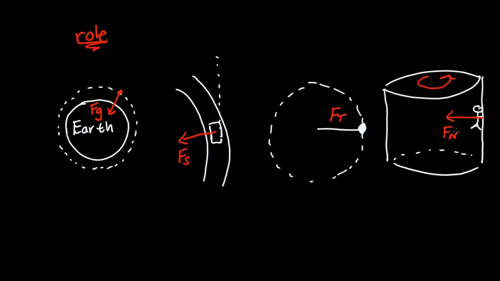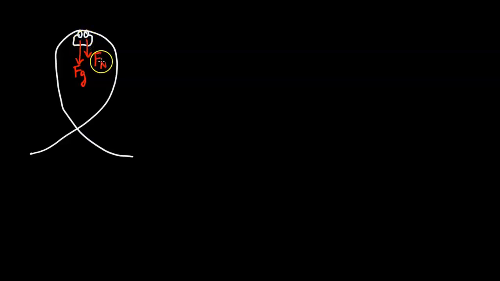Next, we're going to look at situations where there are multiple forces playing the role of centripetal force. Here we have a roller coaster going around a loop. At the highest point of the loop, there are a couple forces. There is gravitational force, and depending on how fast it's going, there can also be a normal force. And this car is going in this direction here.